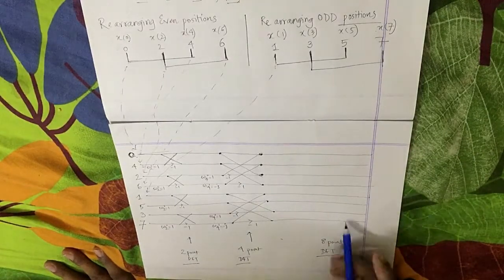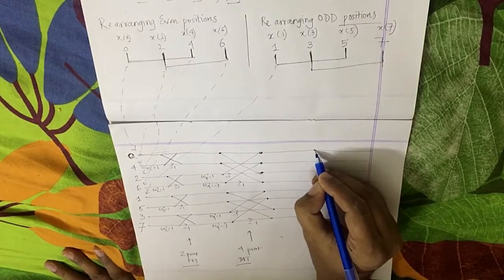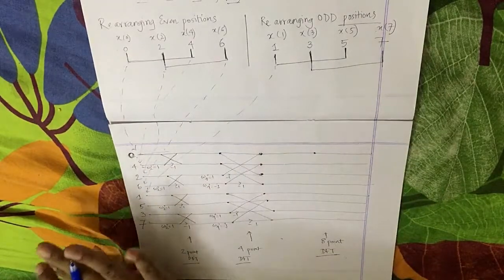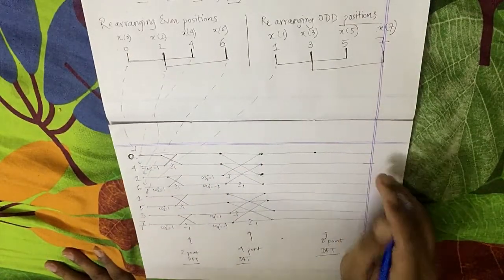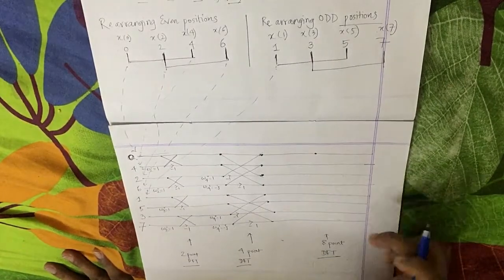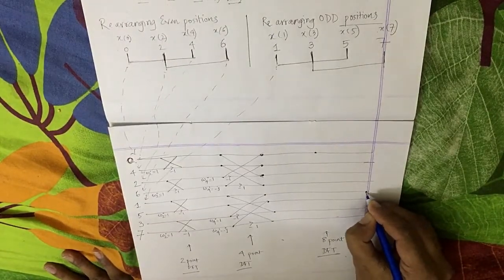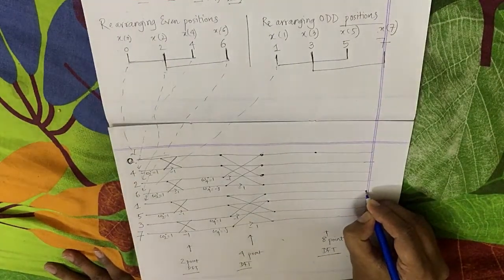So for the 8-point DFT section or segment, again we start from this line. Unlike these two, we keep 3 lines vacant in between. This line, this line, this line, 3 lines vacant, and then we go to the 4th line like this.